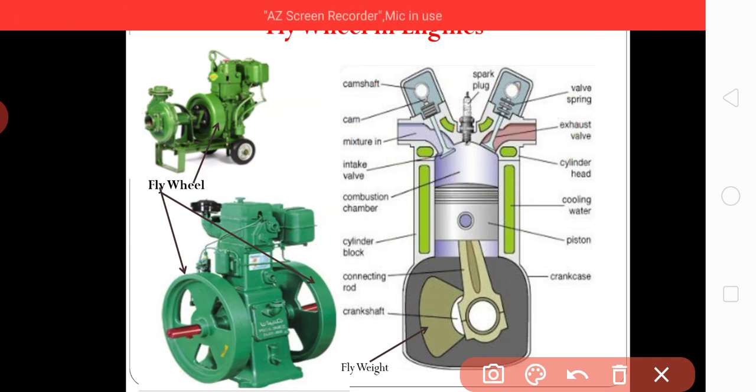So you are getting energy for the continuous rotation of the engine for the 3 strokes, that is the intake stroke, compression stroke and exhaust stroke.